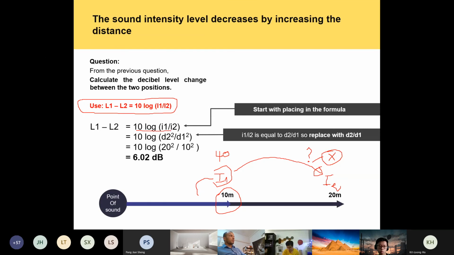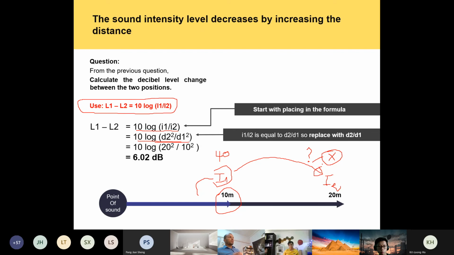So that's why we went from here to here. Instead of I1 over I2, we use D2 over D1 because they are equal in the previous law. So basically it will be 10 log of 20 squared over 10 squared. If you do the calculation, you'll find it 6.02 decibels.